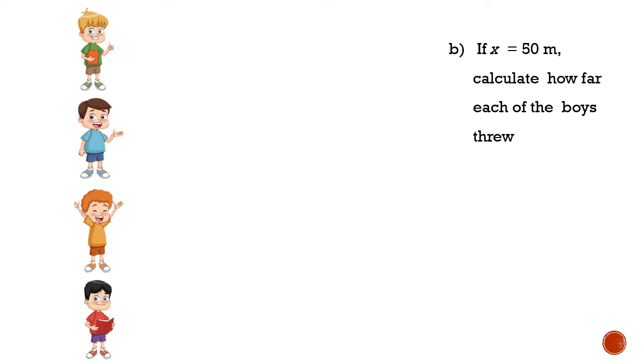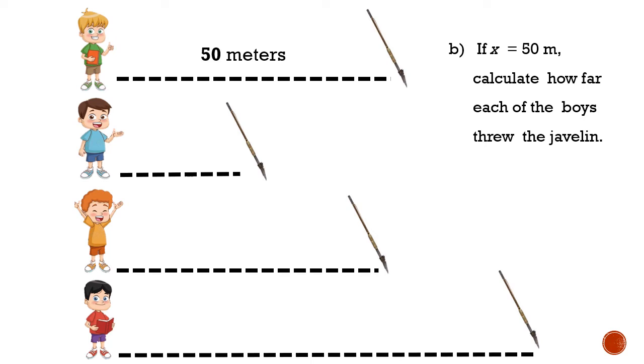As our summary for the example, if x is equal to 50 meters, we have Tom for 50 meters, John for 25 meters, Jim for 37 meters, and Jack for 47 meters.